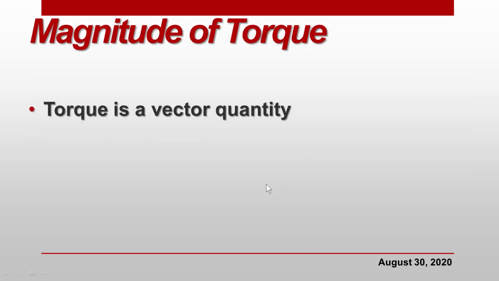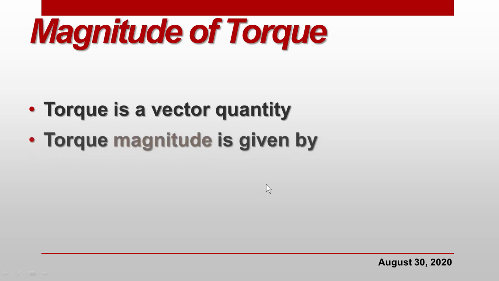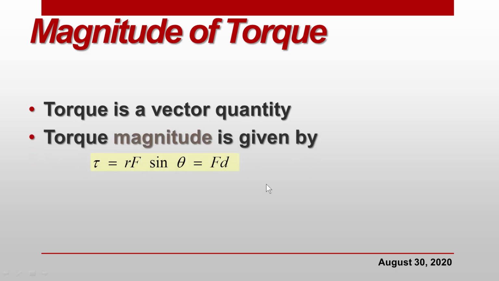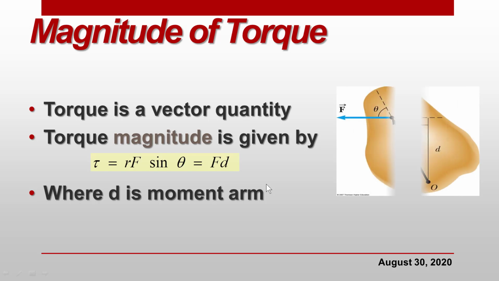Torque is a vector quantity, obviously, as it is the cross product between two vectors, and the cross product of two vectors gives us a vector quantity. Its magnitude is given as tau is equal to RF sin theta, which is equal to FD, where D is the moment arm.